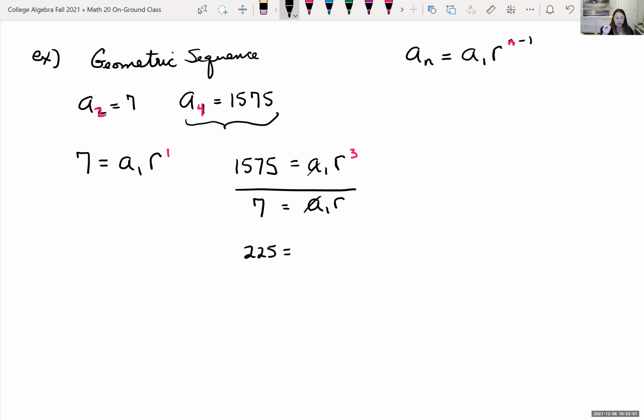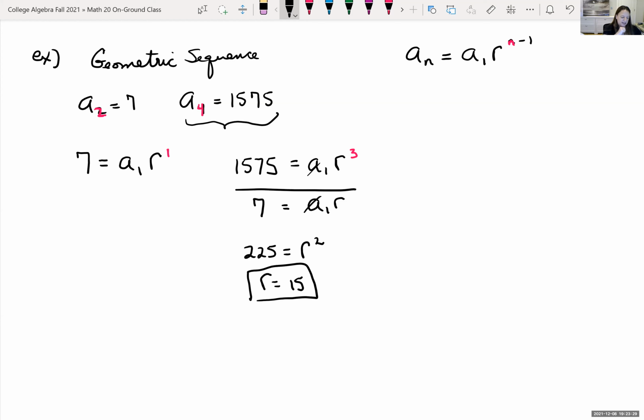And if I have r cubed divided by r, using rules of exponents, this is r squared. So we can find r by taking the square root of both sides. And so the square root of 225, yeah, it's 15. So we know that r is 15.